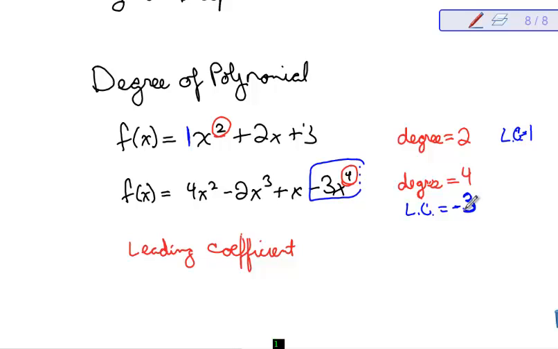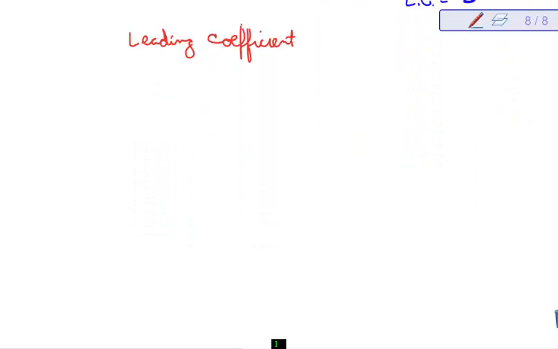Okay, you have to look for what is your largest exponent in these cases. And it's very important that we know what the degree is and what the leading coefficient is, so that we can discuss how the graph is going to look a little bit. Okay? So let's look at a few more examples.